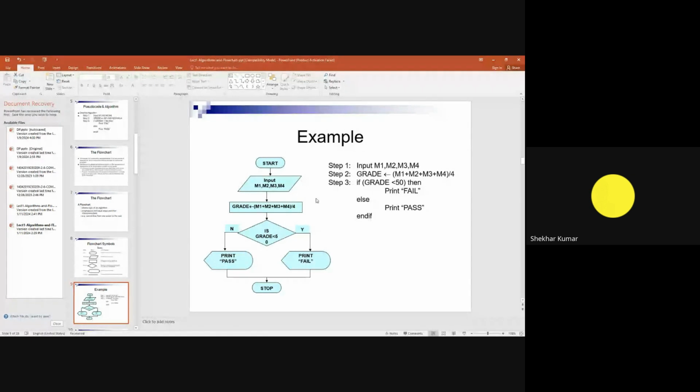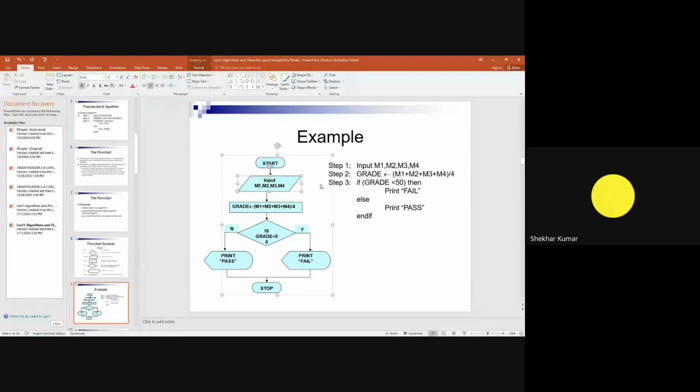Then you can see that there is a parallelogram in which we input the values of 4 subjects, M1, M2, M3 and M4. For inputting, for giving any data to the machine, I will use this symbol.